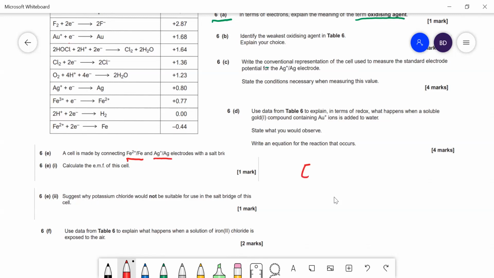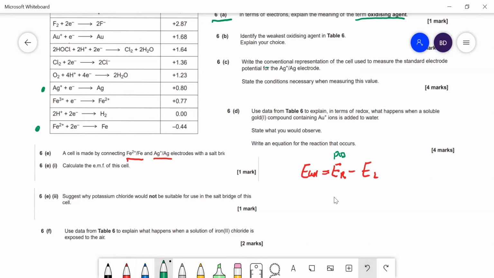So E cell is equal to E right minus E left, which is the right. It's the most positive one. Which is the most positive one? So we're talking about the silver and the iron. Now we have to be careful. Fe2 plus is this one here, it's not that iron one there, is it?